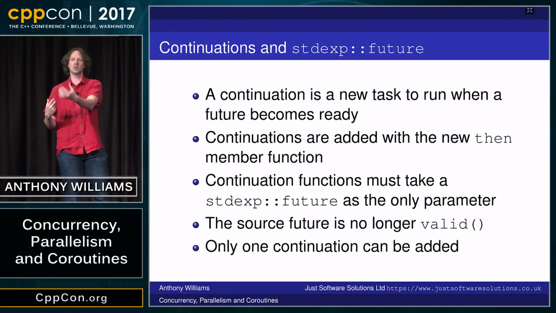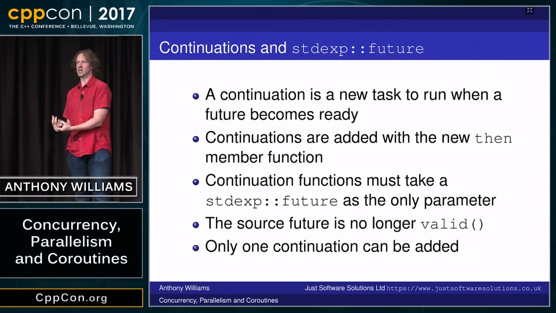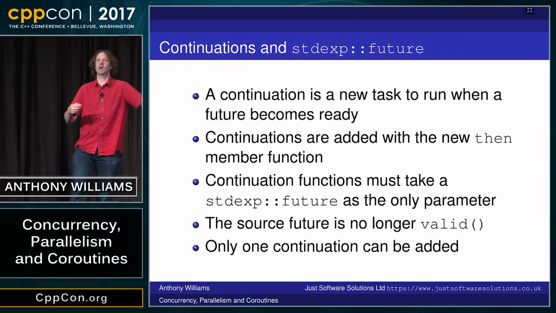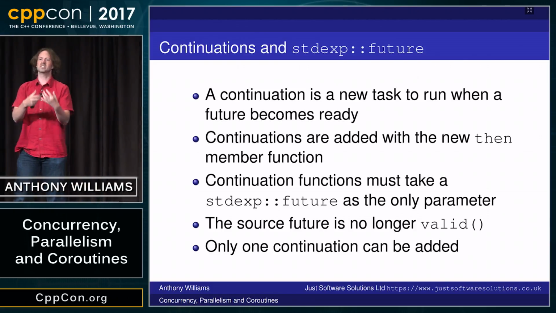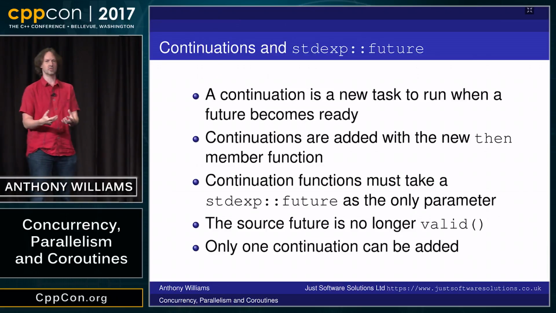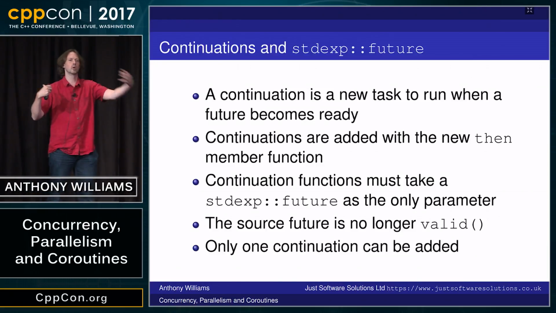So you can only use it once, you can only get the value out once. So if you specify a continuation, then you can't get the value out any other way. That value can now only be retrieved by the continuation. And so the source is no longer valid.